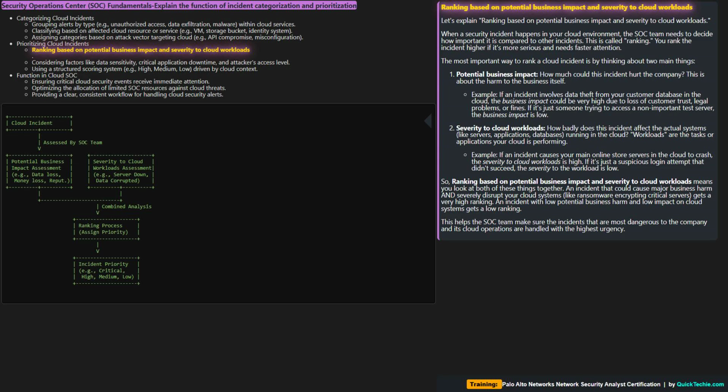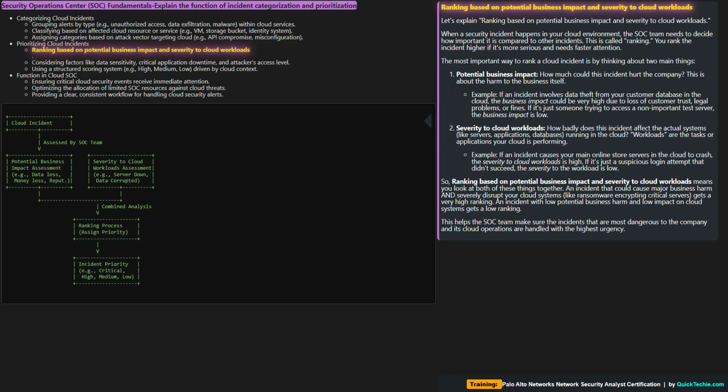How badly does this incident affect the actual systems, like servers, applications, and databases, running in the cloud? Workloads are the tasks or applications your cloud is performing. Example: if an incident causes your main online store servers in the cloud to crash, the severity to cloud workloads is high. If it's just a suspicious login attempt that didn't succeed, the severity to the workload is low.